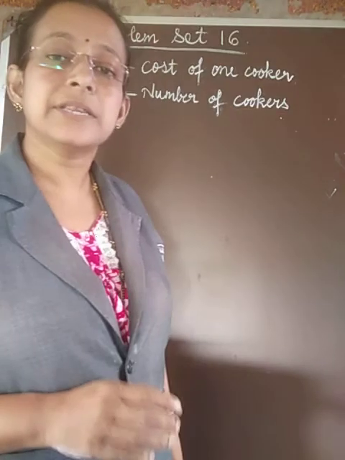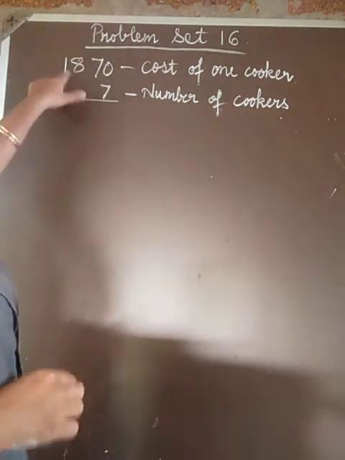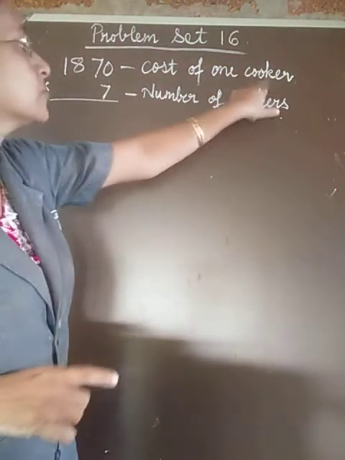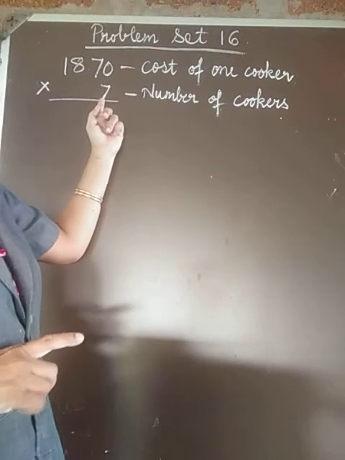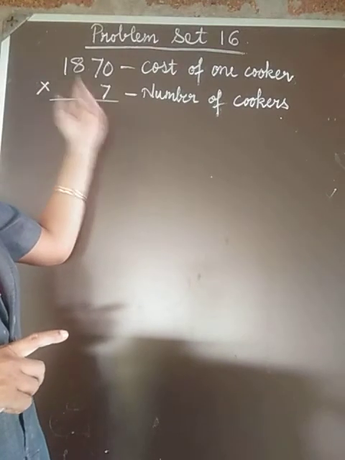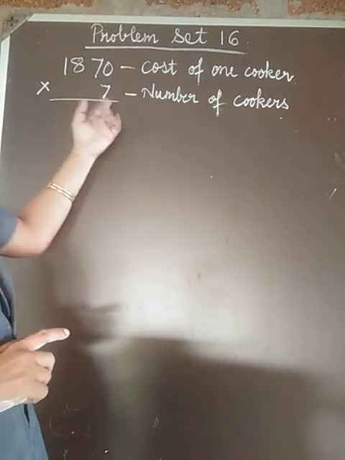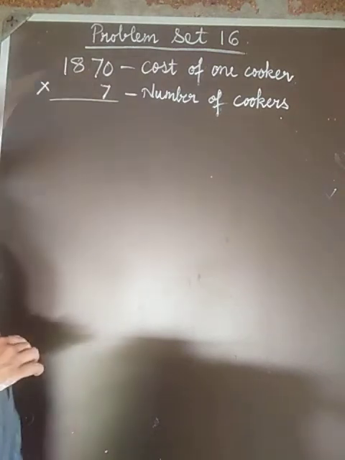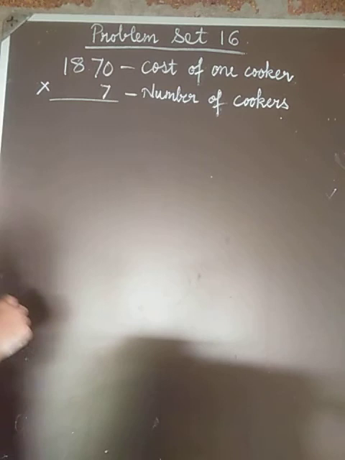Now see, I have written the data here, that is 1870 is the cost of one cooker. So we have to find out the cost for 7 cookers, and for that we have to multiply. So let's multiply 7 with 1870 and find out the answer.